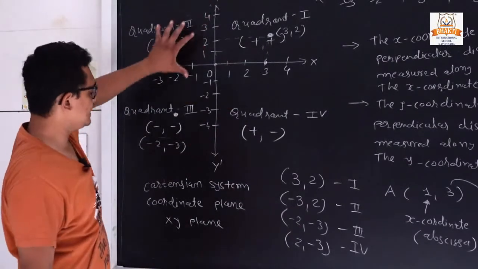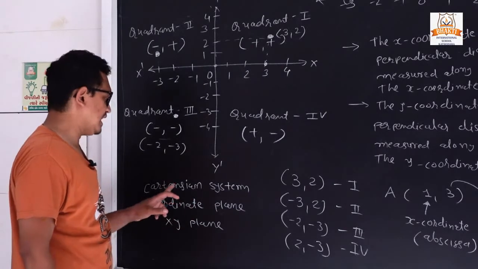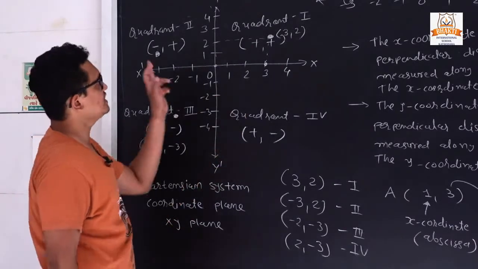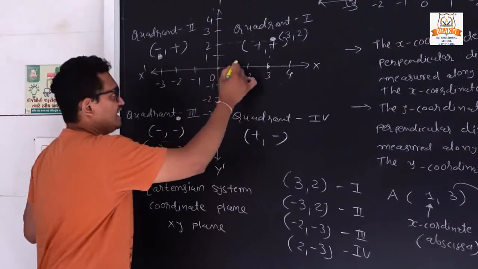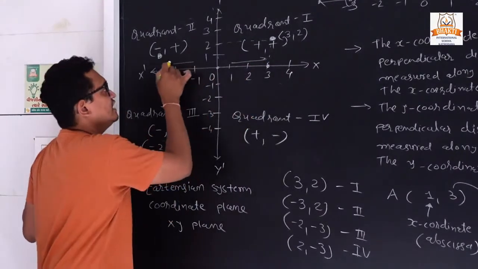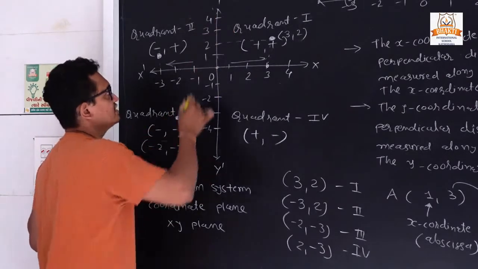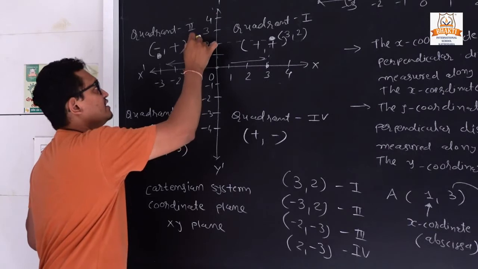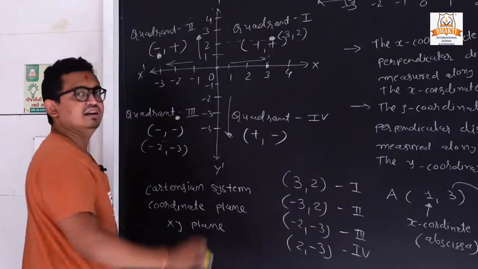According to this coordinate plane, or Cartesian system, we have 2 axes, x as well as y. On the x axis, the right hand side has positive integers and the left hand side has negative integers. On the y axis, the upper side has positive integers and the lower side has negative integers.